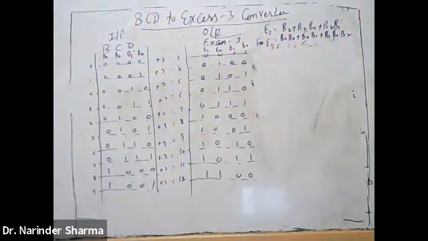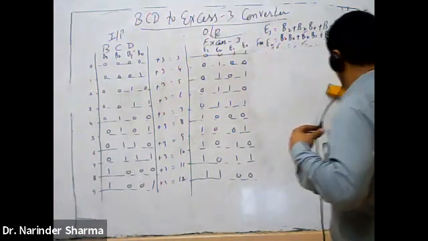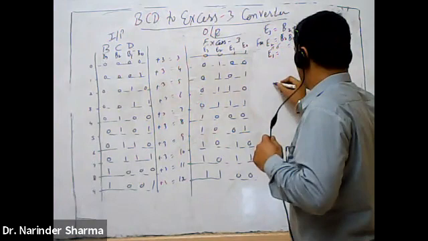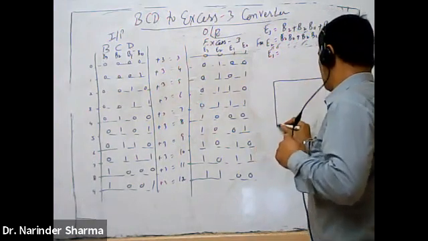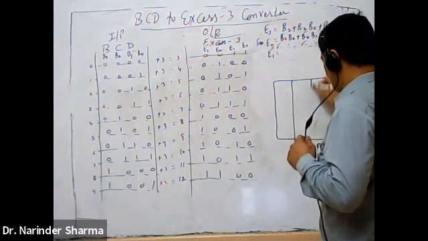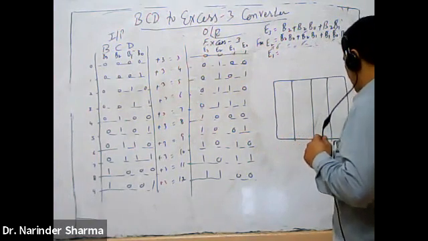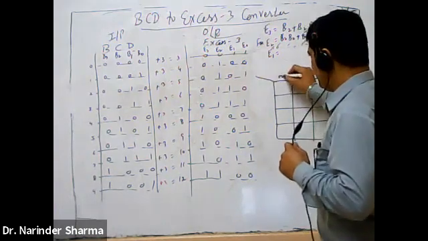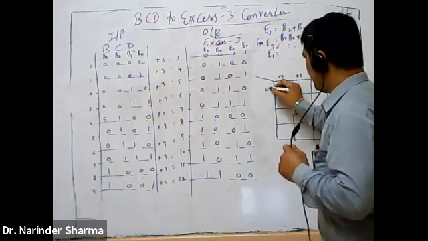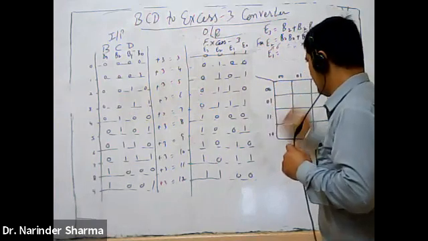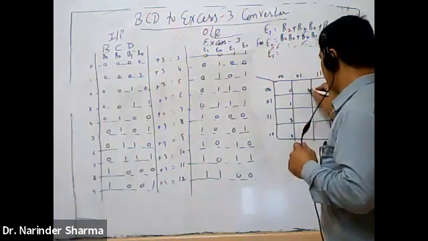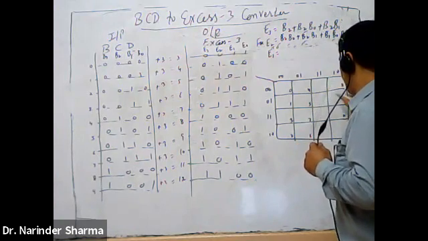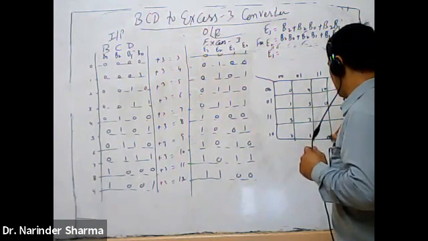Similarly, we will pursue for E1. Again, we will draw the K-map table of 4 variables and write the values as per the protocol of the K-map, numbered as 0 to 15.